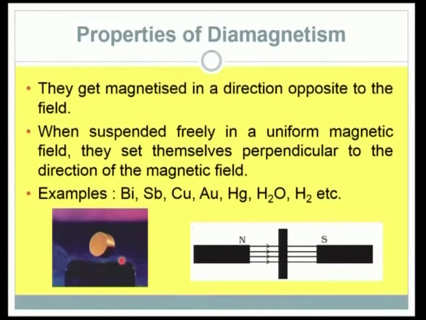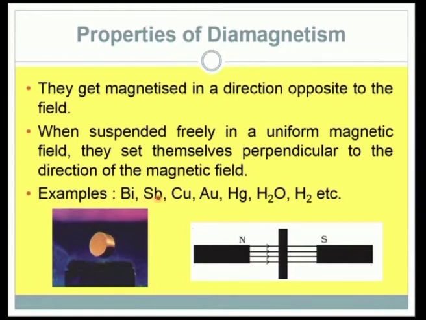What are the other points we have? Let us continue. They get magnetized in the direction opposite to the field. When suspended freely in a uniform magnetic field, they set themselves perpendicular to the direction of the magnetic field.